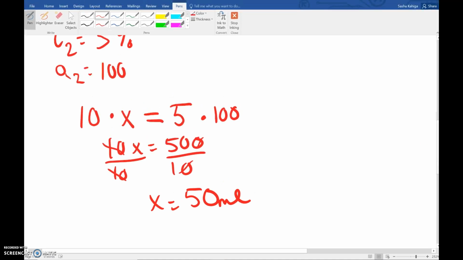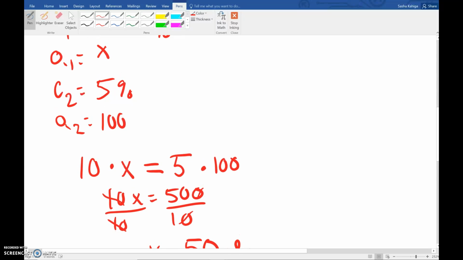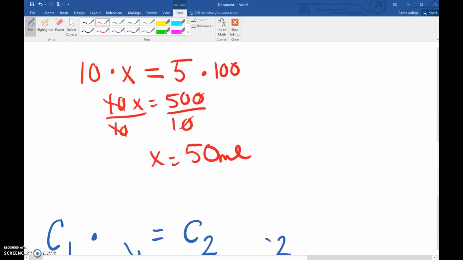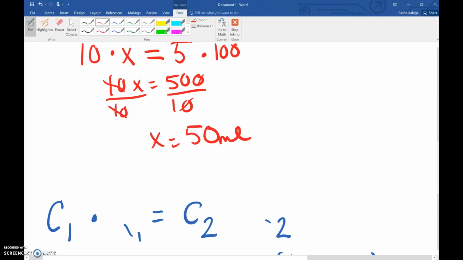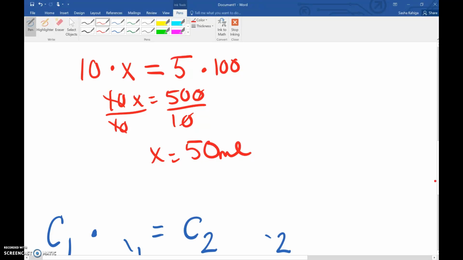You know that it's milliliters because the component that you're looking for is quantity, and your quantity is going to be in milliliters, because your other quantity is in milliliters. So your answer for number 8 is 50 milliliters.